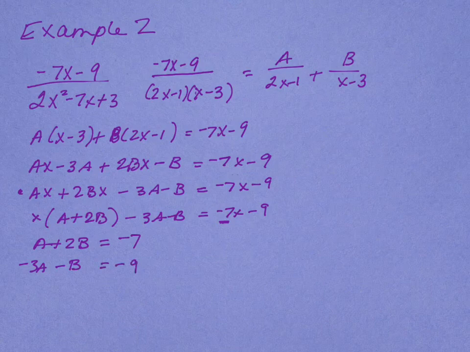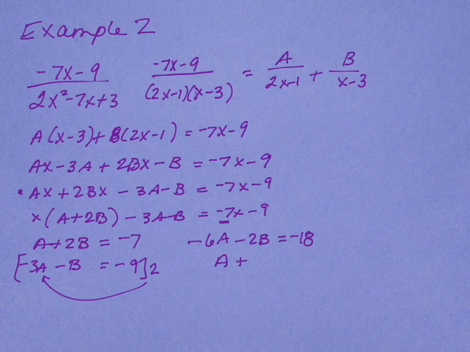So let's see, I will multiply this by 2 and then add. Multiply this by 2, I get negative 6a minus 2b equals negative 18, and I'm adding that to a plus 2b equals negative 7.